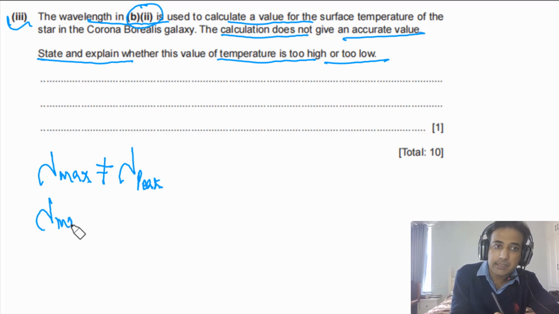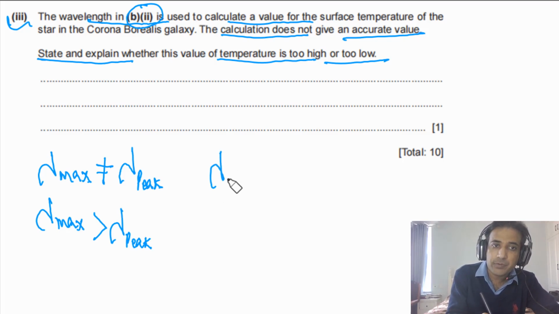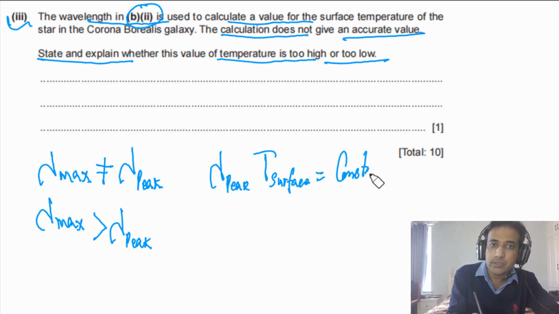Lambda max, what we have calculated in the last part, is greater than the actual value of lambda peak. By Wien's displacement law, lambda peak times surface temperature is equal to a constant.